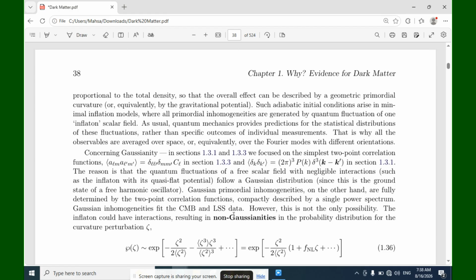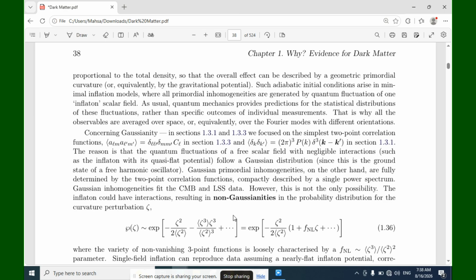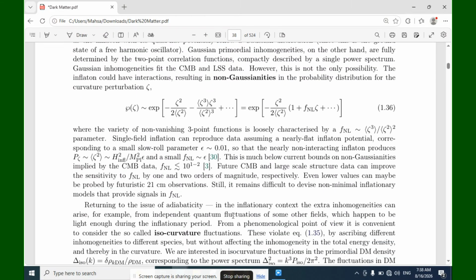The inflaton could have interactions resulting in non-Gaussianities in the probability distribution for the curvature perturbation ζ: P(ζ) ≈ exp[−ζ²/(2σ_ζ²) − ζ³/(σ_ζ²)^3 + ...], which, after simplification, is exp[−ζ²/(2σ_ζ²) × (1 + f_NL ζ + ...)].